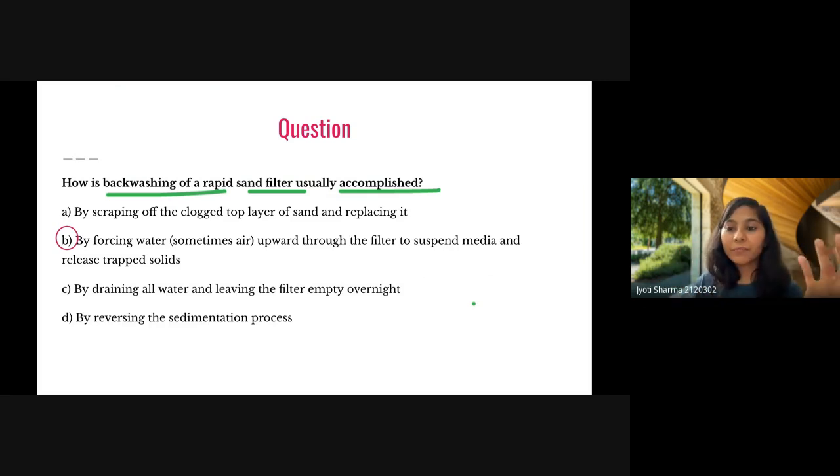So if we have any filter and that filter will be clogged with solid particles, we do the backwashing, and we can also give some air from the back, so that we can remove or clean the pores of the filter. So that's how B answer is the right one.